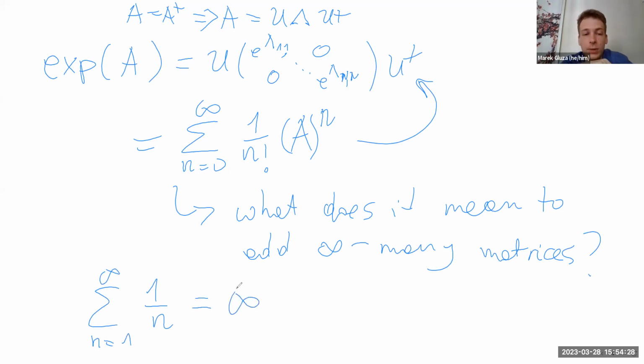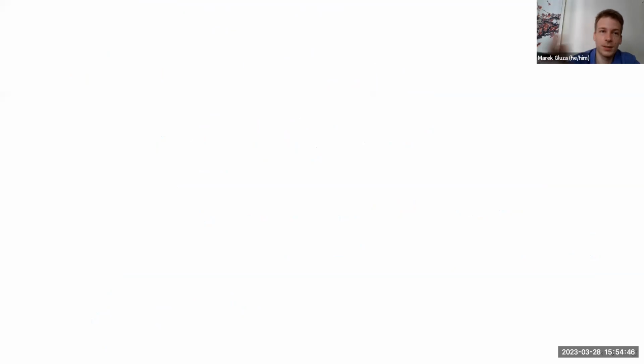So if I'm just adding up infinitely many numbers, sometimes I get infinitely large numbers. And so if I'm adding matrices, we would like to know whether this is a problem, and so on. And this will never be a problem, and the answer is Hilbert space.